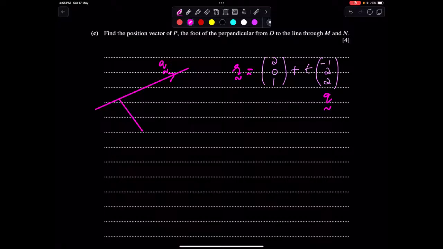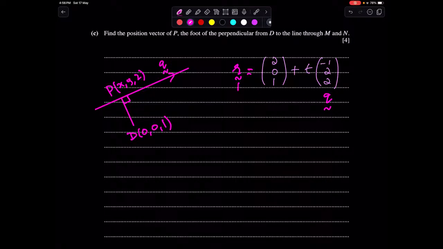This is D: 0, 0, 1, and we need the shortest distance, and it is denoted by P in the question. So X, Y, Z. We need basically position vector P, not shortest distance.